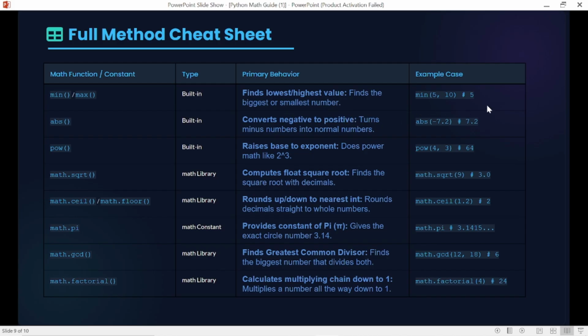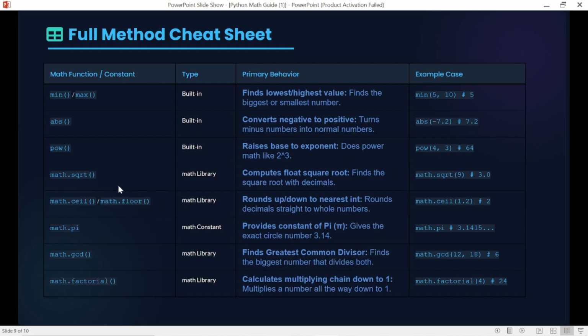Here is an example. Then abs, a built-in function that converts negative to positive, turning minus numbers into normal numbers. Then the pow method, a built-in method that raises base to exponent. Its meaning is power math, like 2 power 3. Here's the example of it.